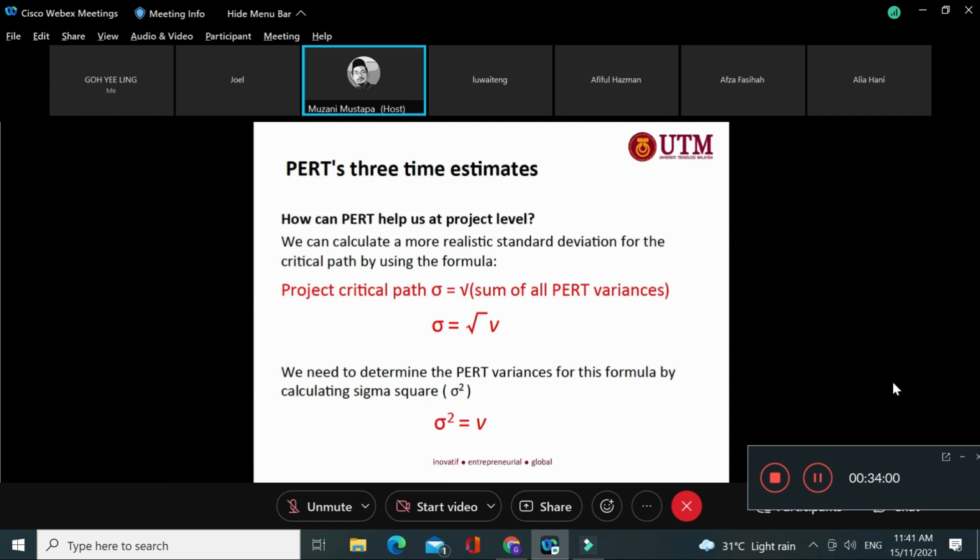Okay, so the critical path line, if you remember from last week's class, is derived from float 0. It comes from different types of activities, an interconnected logical sequence of activities, right? So there are 3-4 activities in there.